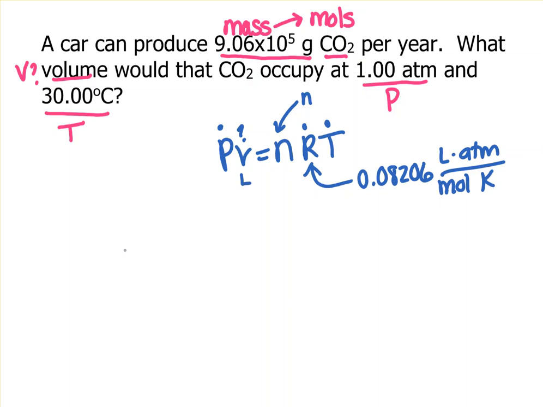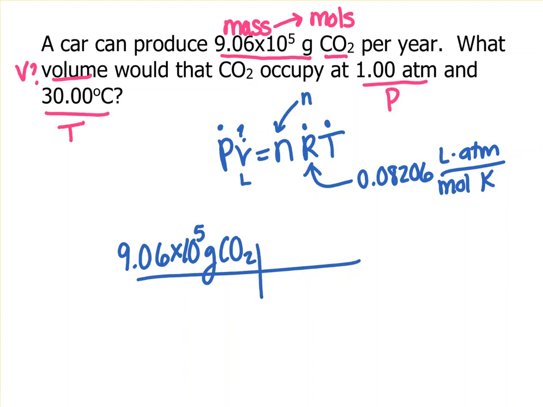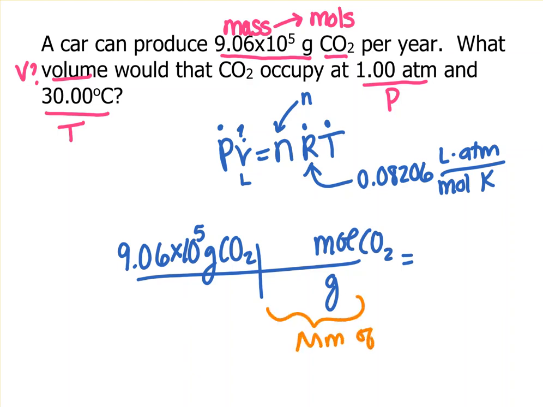So I'm going to take my mass. And like I said, here I can use the molar mass of CO2, which is 12 for carbon plus 2 times 16 for oxygen. That's 44 grams per 1 mole.